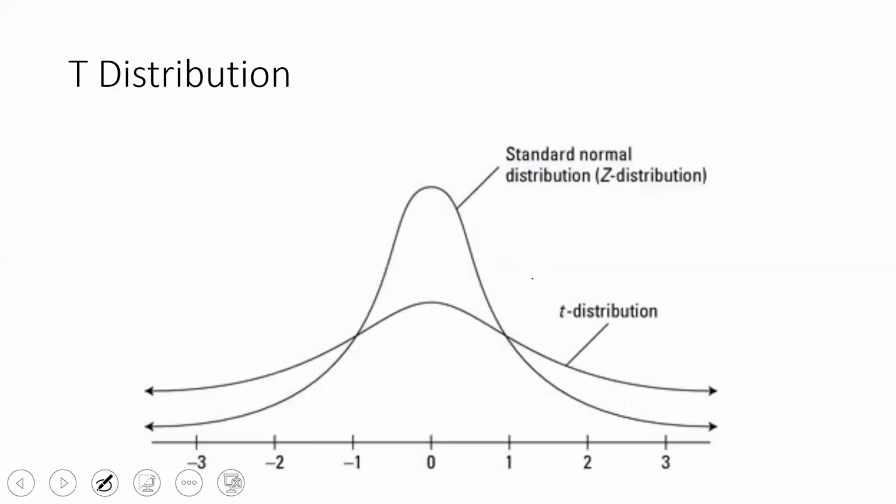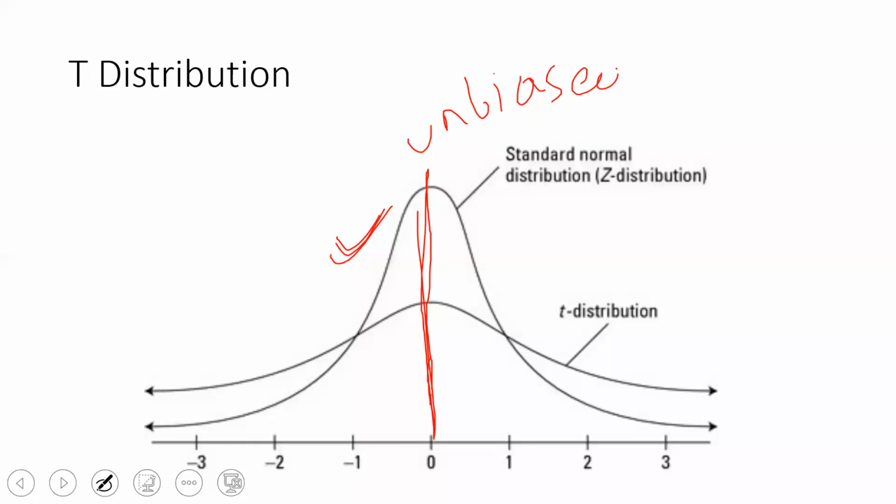Basically, the t distribution is like the standard distribution. It will also be unbiased, not biased. But its tails will be a little bit higher compared to the normal distribution.